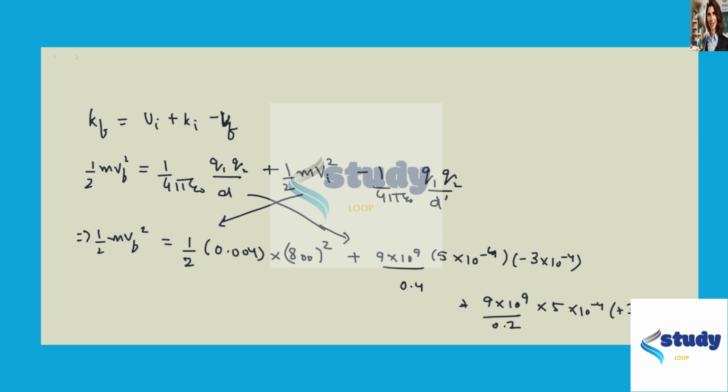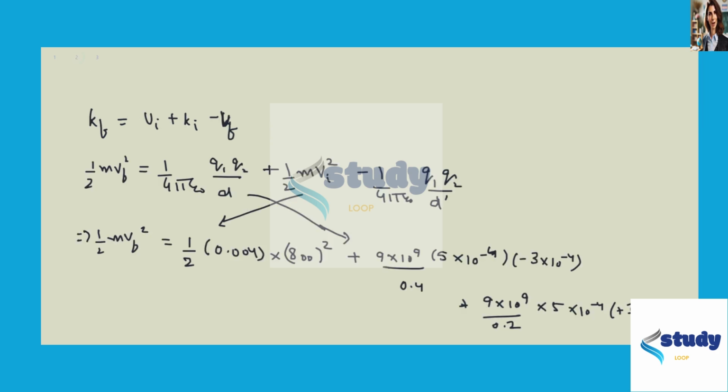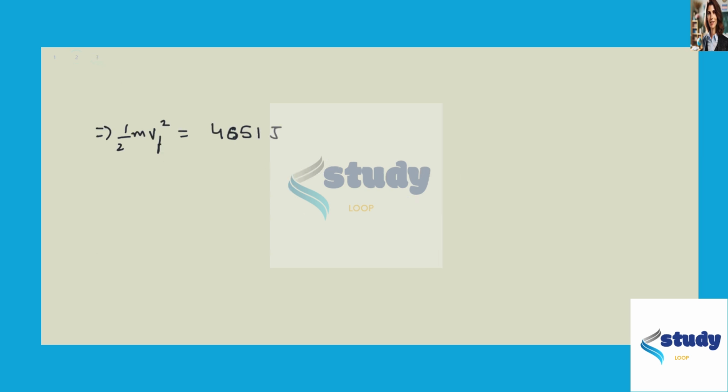So let's finally calculate the value of the kinetic energy, or just half m V final square. So this comes out to be 4651 joule. So using the calculator I have calculated here. So the value is 4651 joule.